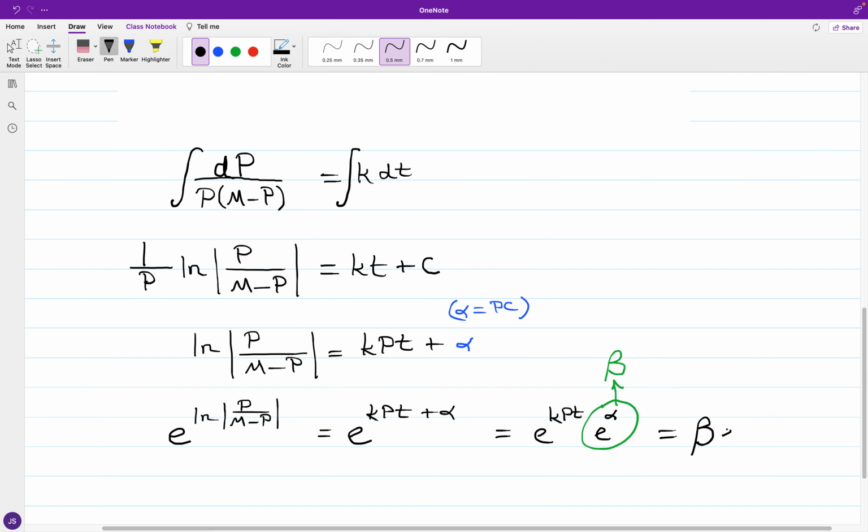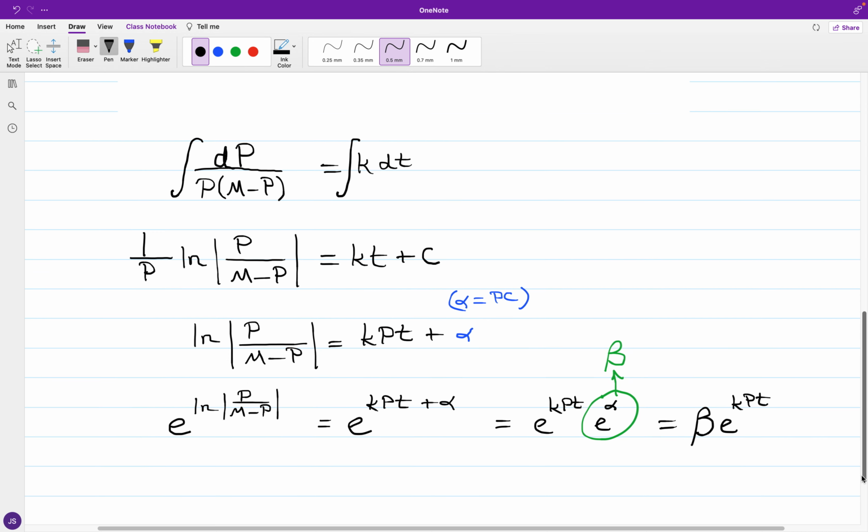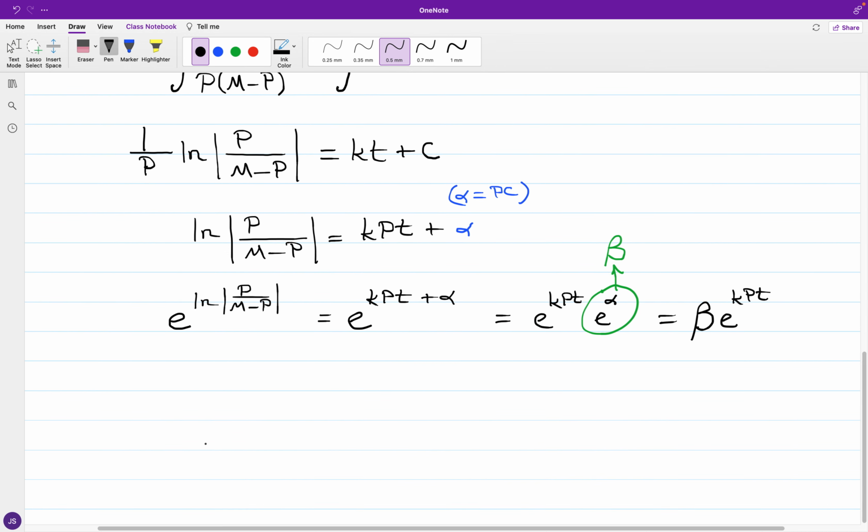So we have beta times e to the kPt, right? And again, from what we have on the left-hand side, we're going to have, theoretically, plus or minus P over M minus P, but the positive and negative is going to be absorbed into the constant.